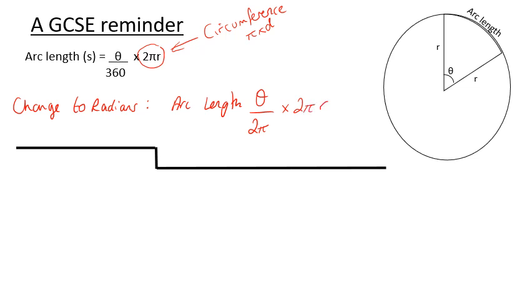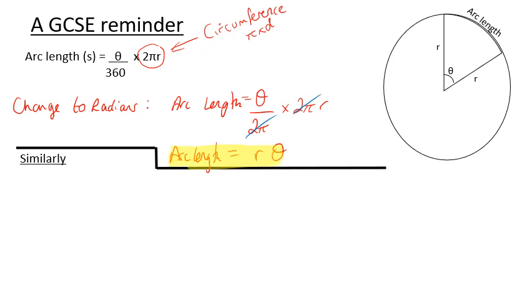And then you've probably spotted that this formula will simplify, because there's a 2 pi on the top and a 2 pi on the bottom, which will cancel each other out. So if we cancel those, the only things that are left are the angle and the radius. So our arc length formula is r theta, radius times angle. So you can see that that formula becomes really straightforward and easy when you're working in radians.